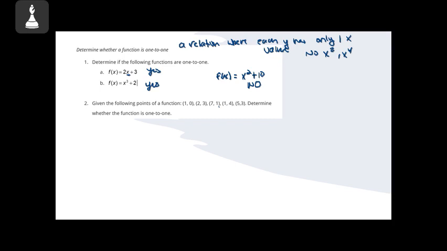So I see a problem here. 2 is with 3 and 5 is with 3. A relationship is one-to-one if y has only one x with it. Well, the y value of 3 has two different x's with it, so no, this one is not a function. Or sorry, this one is not one-to-one.